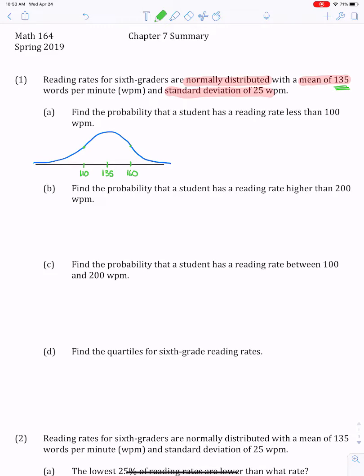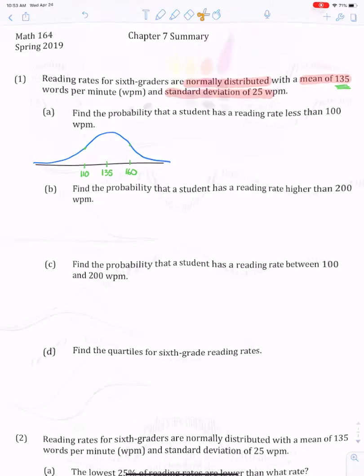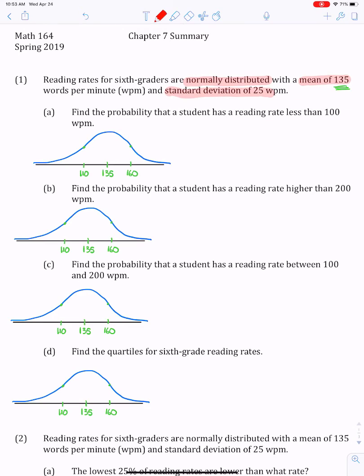Okay, now we're going to use the same bell-shaped curve on all of the parts A, B, C, and D. So I'm going to take a moment and copy that. Now in order to find the probability in the first statement, the probability that a student's reading rate is less than 100, I'm going to use the app that we use in class. I have to remember that the mean is 135 and the standard deviation is 25, and plug those into the app.